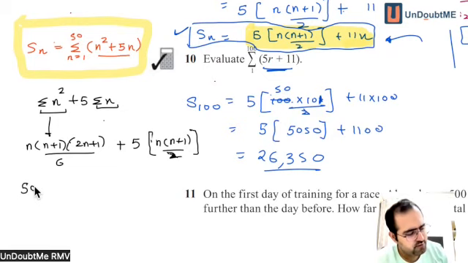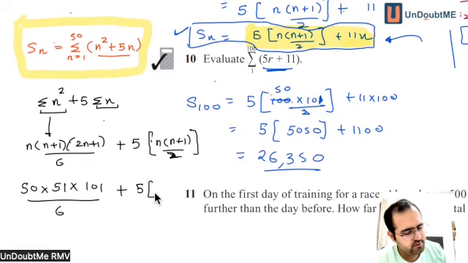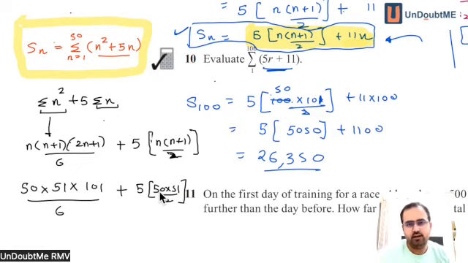So 50 times 50 plus 1 times 50 times 2 is 100, 100 plus 1 is 101, by 6, plus 5 times 50 into 51 by 2. Use the calculator and get the answer. So is it 9900? Let me check.